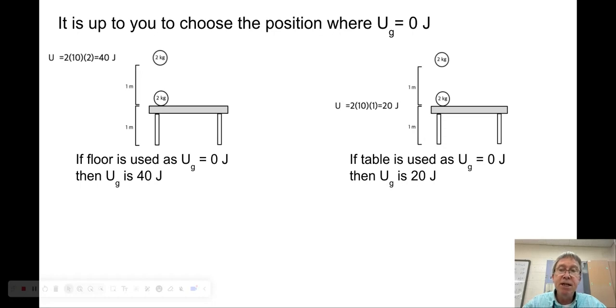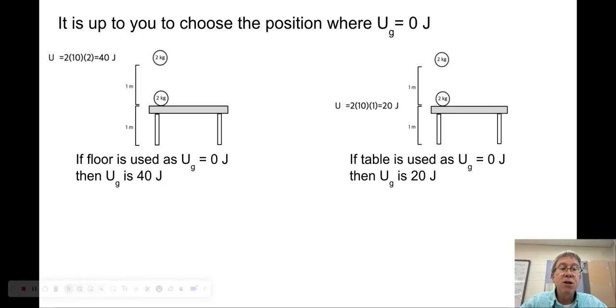Well, it depends. If I say the floor is what I'm calling zero potential energy, then that ball would have m = 2, g = 10, and h = 2. It would have 40 joules of potential energy. If, however, I decide to use the table surface as zero potential energy, then it has 2 times 10, that's mg, times 1, it has 20 joules. It has half as much potential energy.